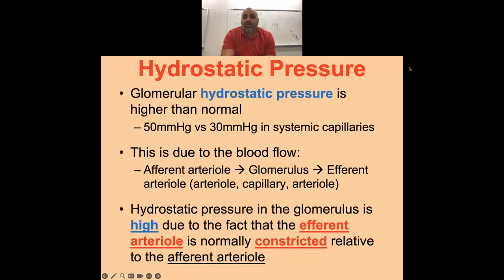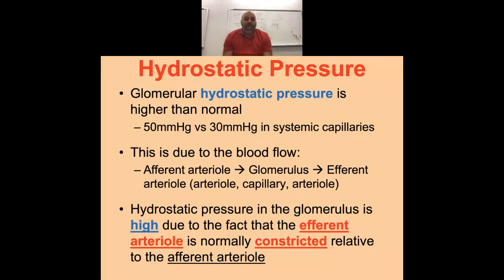All right, so how do we create the filtrate? We rely on hydrostatic pressure. Normal capillaries are about 30 millimeters of mercury. In the glomerulus, it's about 50. The reason being, we can dilate that afferent arteriole, open up the floodgates, and then constrict the efferent, tighten it down.